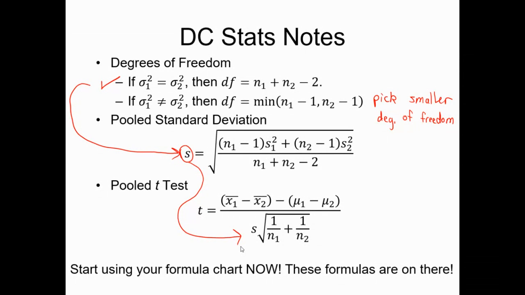AP just needs to know this method exists. Y'all have to actually be able to use the method. And there's really only one extra step. That's the only thing that's different here. We still use S1, N1, S2, N2 in some degree. We just have to do an extra step with them.